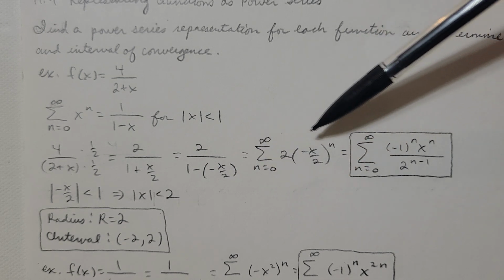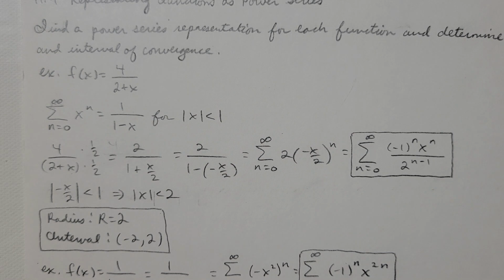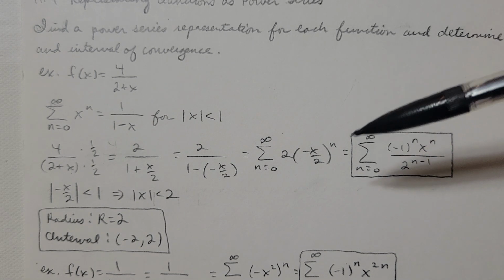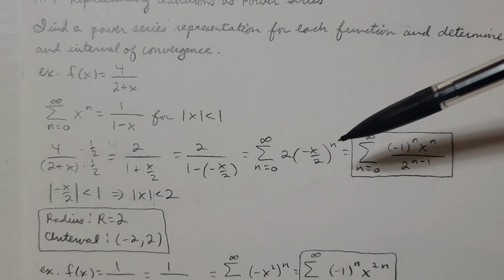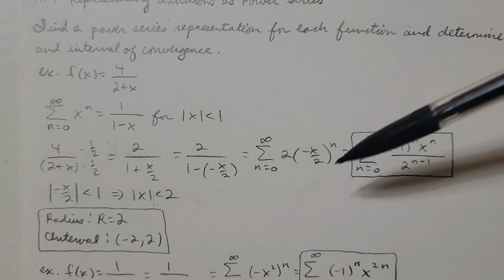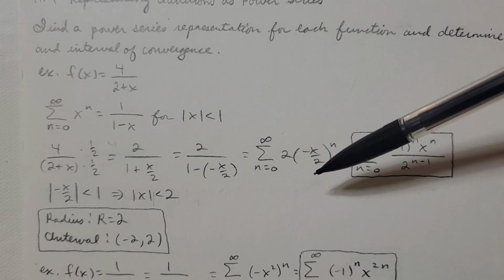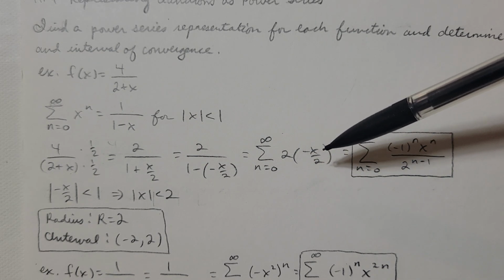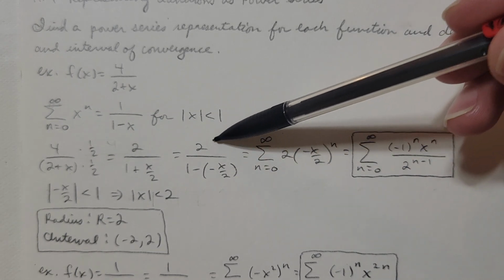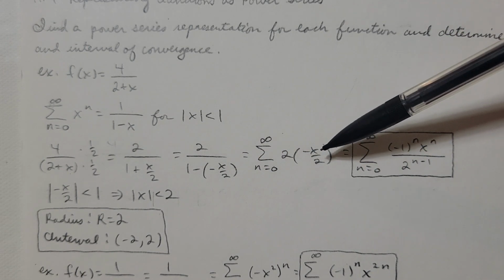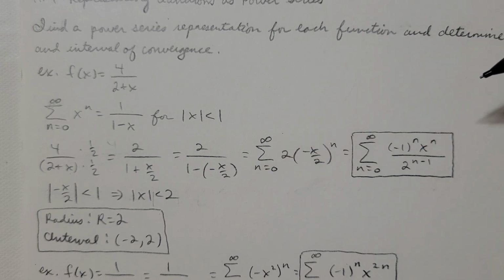So when I write this as a series representation, I have the summation from n equals 0 to infinity of a times r to the n if I'm starting at 0. If I'm starting at 1, that's okay, but I need to make sure I'm in the right form: it would be a times r to the n minus 1. The a value is 2, and the r value is negative x over 2.